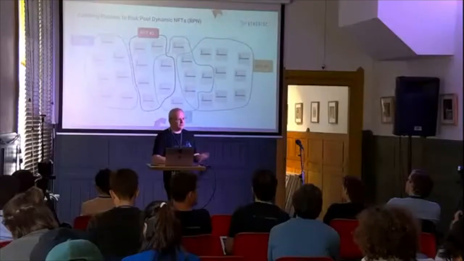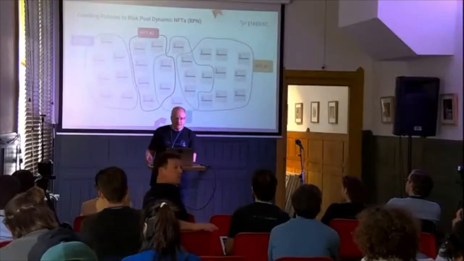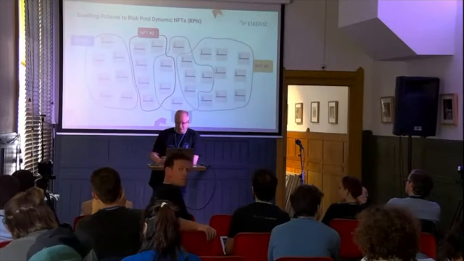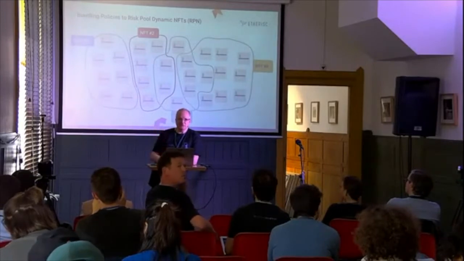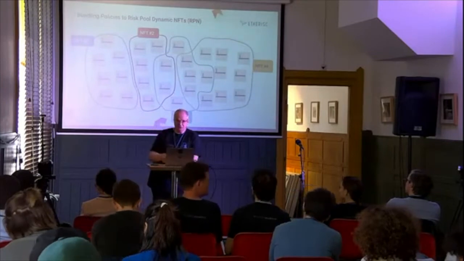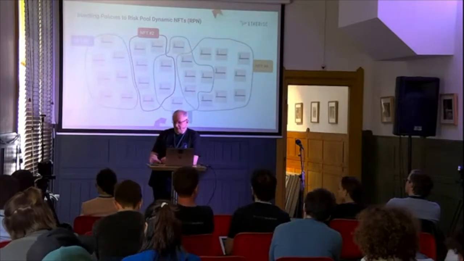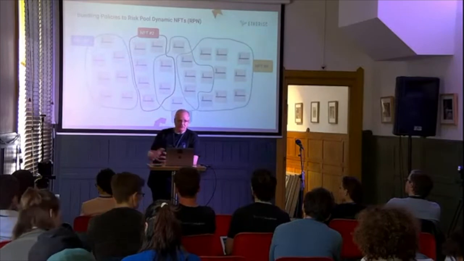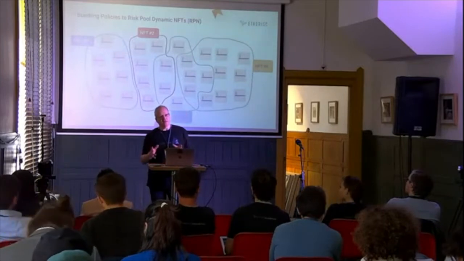There are libraries, software, and smart contracts which make it very easy to deal with these NFTs, and all of you know these Bored Apes and these little JPEGs which you can use for your Twitter profile picture and so on. These NFTs typically are static. So once minted or created, they are fixed.